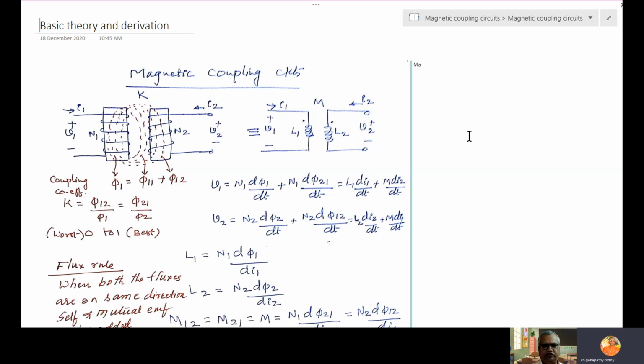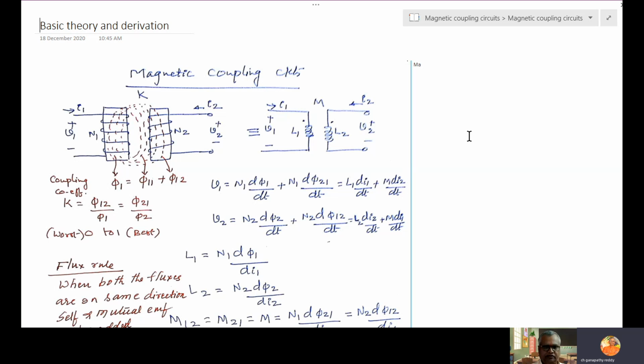Third one, right hand thumb rule: when the four fingers indicate the current direction in the coil, then the thumb indicates the direction of the flux.